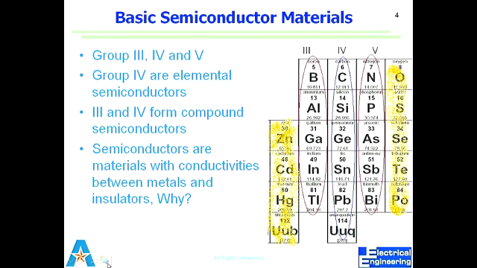So we can use them as compounds, and we call them compound semiconductors. We can use compounds of 3 elements as well, and in that case it's called a ternary compound. It has to have the same property, that the outer orbit is half filled, and that defines their conductivity, which is somewhere in between metals and insulators.